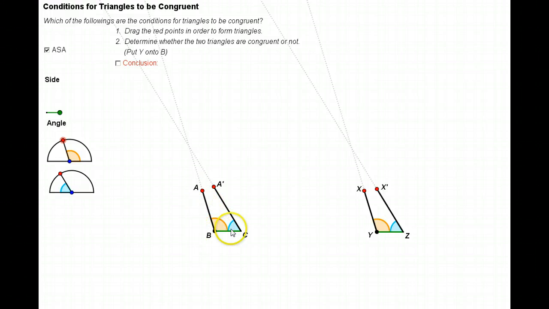So remember, these angles and this side length stay the same, but we can change anything else. So I'm going to change it so that A meets up with A prime, and I'm going to change it so that X meets up with X prime. And based off this, do these triangles look congruent? And if you say yes, you're absolutely correct.